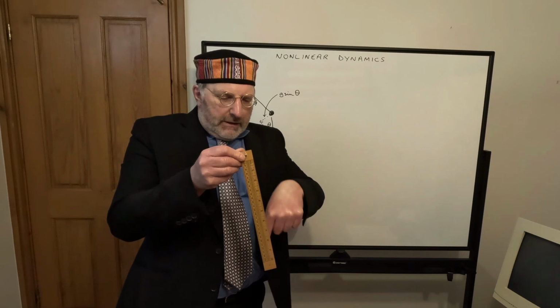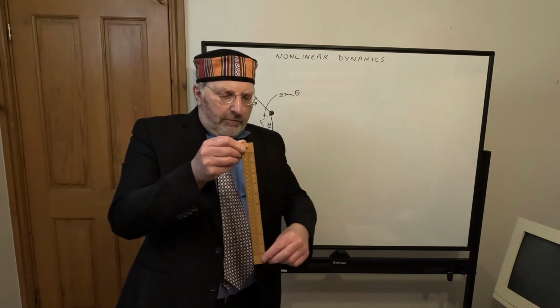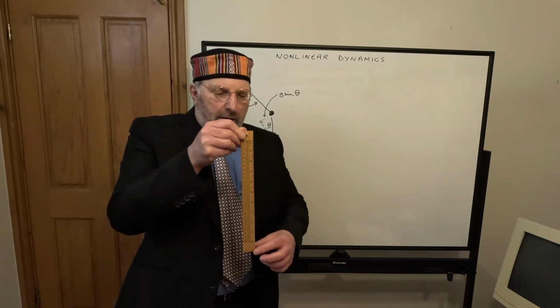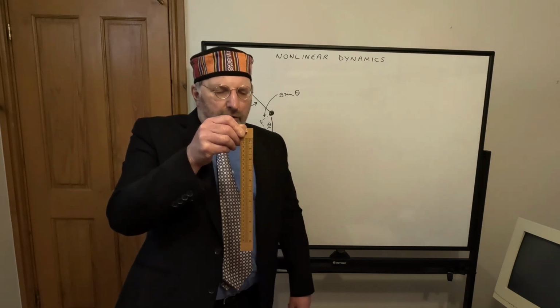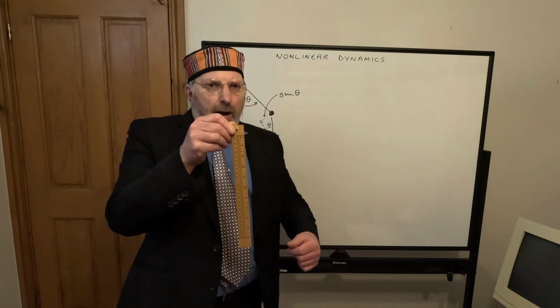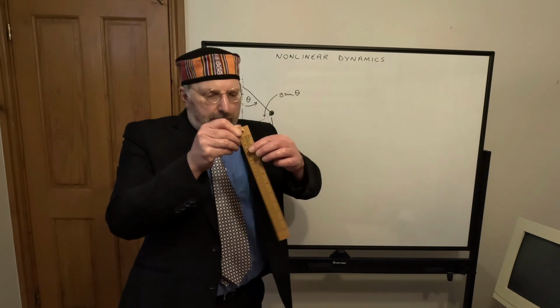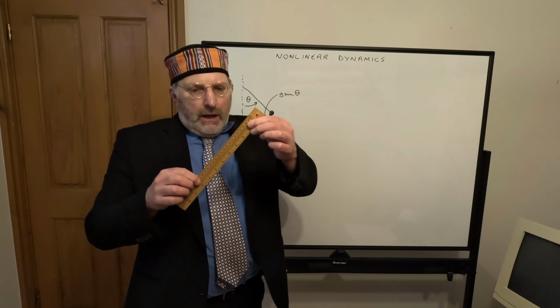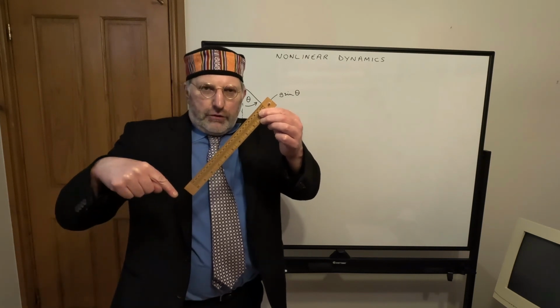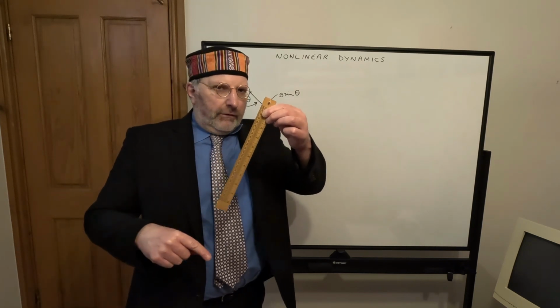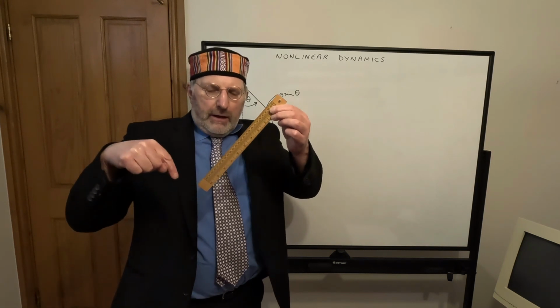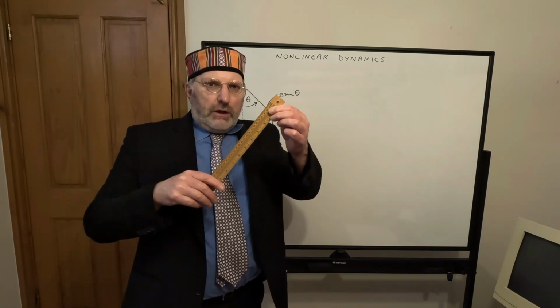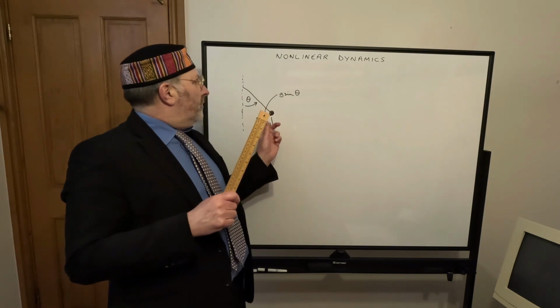Most of it is pulling along the length of the rod until we get to there, when it's all along the length of the rod and there's nothing pulling it one way or the other. But because it's swinging, it's got some momentum that will carry it through. Then on the other side, the acceleration due to gravity is pulling it back again towards the centre, and the amount of the acceleration is proportional to sine theta.